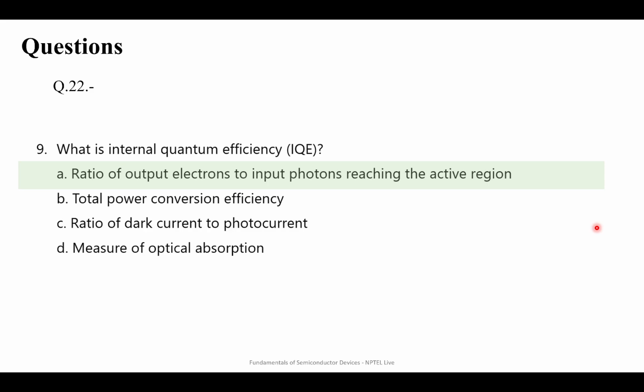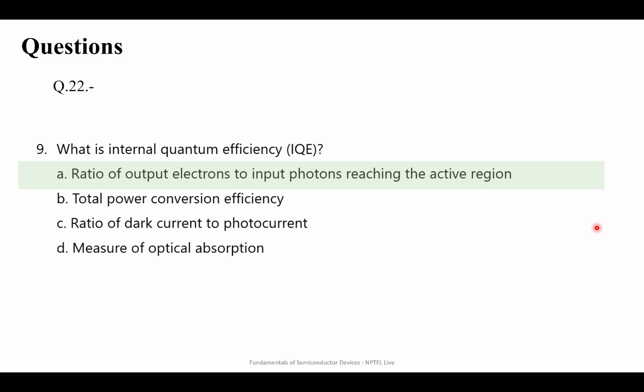So internal quantum efficiency is the ratio of output electrons to input photons reaching the active region. Basically, the active region is the region where your photon can be absorbed to generate electron hole pairs. That is basically your device region. But before your photons can reach your device region, there can be other processes involved, because your device is not just bare.